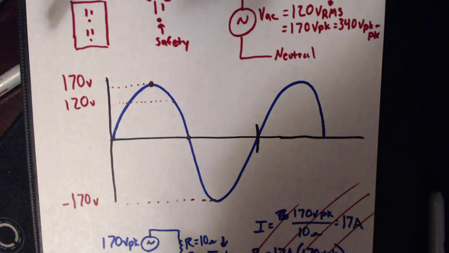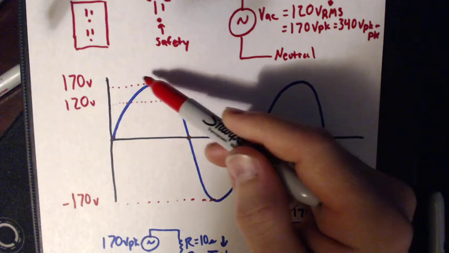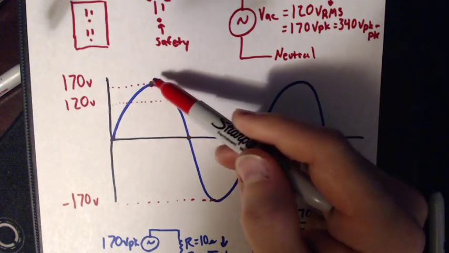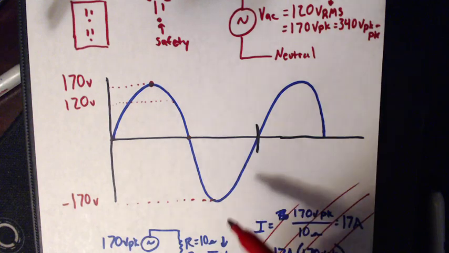Think about that for a second. Half of the time I'm going up, I'm positive, and then I hit this 170 volts peak. The other half of the time I go all the way to minus 170 volts peak. What's my average voltage here?